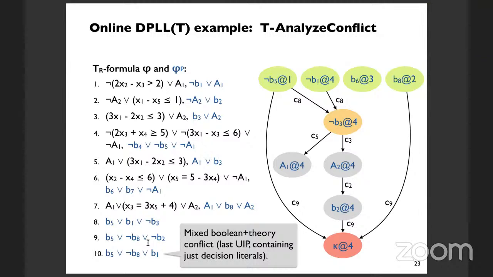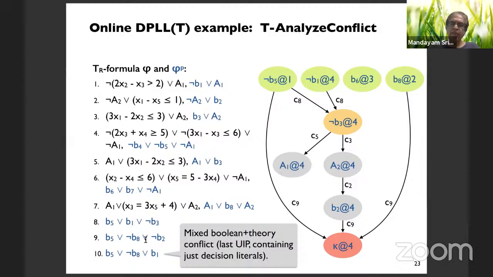Yes. So these conflicts can also prevent certain decisions. If you backtrack and then you make B5 and B1, then you're directly preventing not B3. This one is preventing B1 itself in a different way.